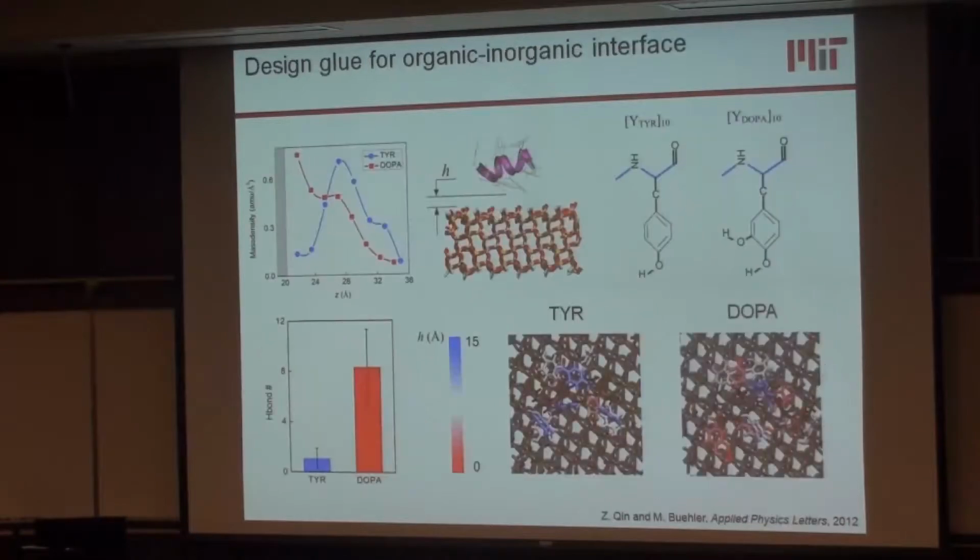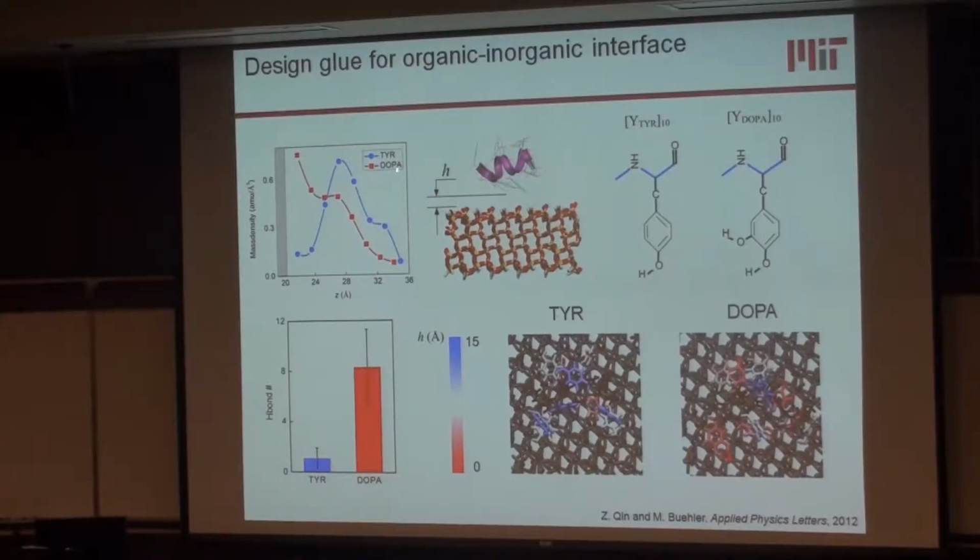Then we are confident about our method, and we do a larger scale study. For this single alpha helix composed of DOPA, compared to tyrosine, we can see that for tyrosine the mass center of this alpha helix is still on the axis of the helix structure.